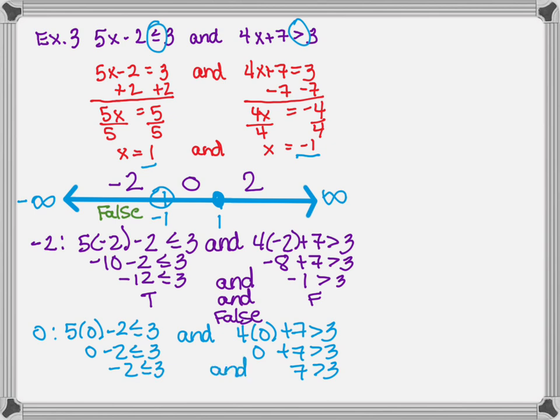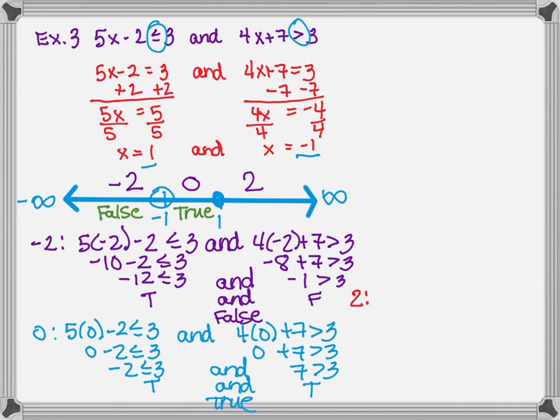Okay, so we've got and in between those two. Negative 2 is less than or equal to 3, so that first one is true. 7 is greater than 3, so the second one is true as well. Both of these statements are true, so this and statement is true, and I will write true on the interval where we got the 0 test value.